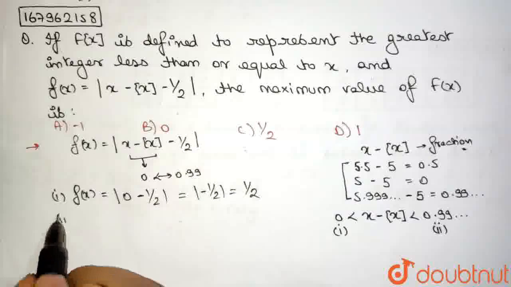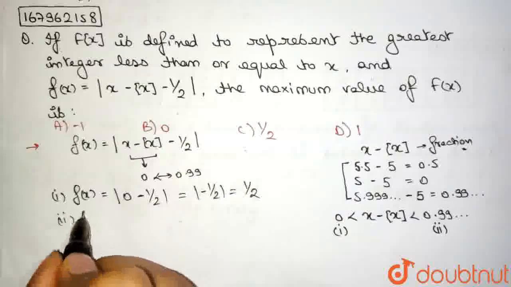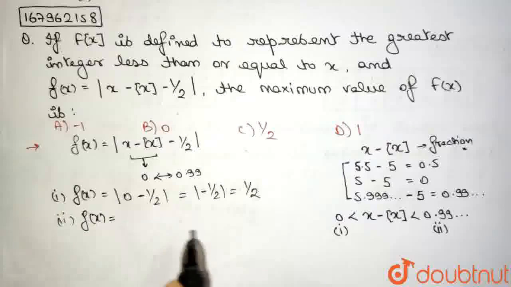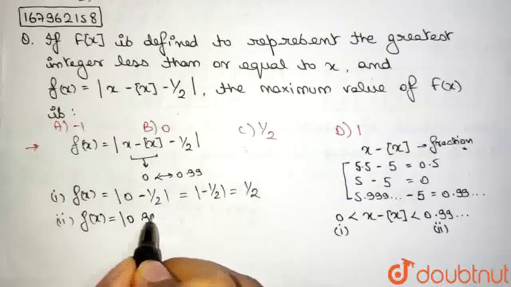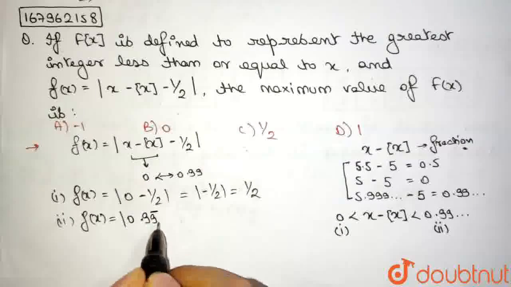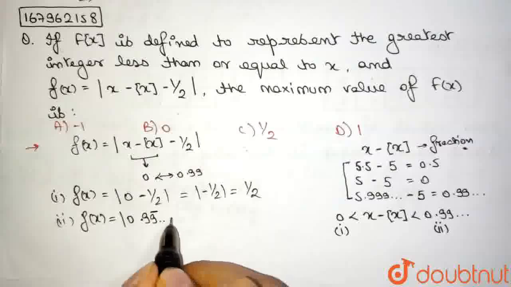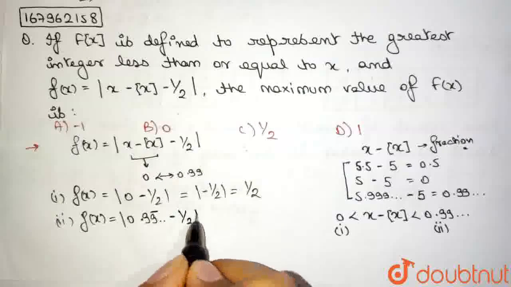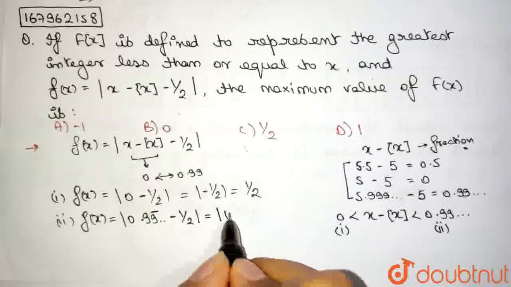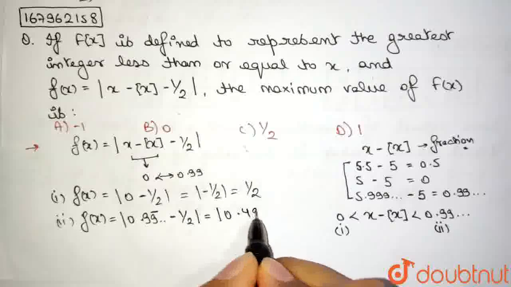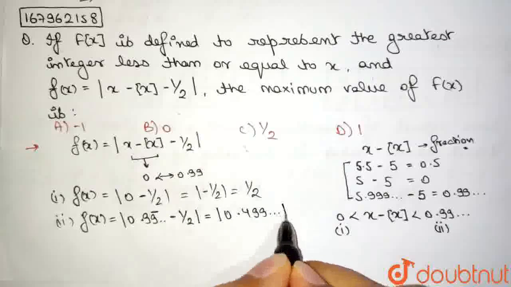And in case 2, we have f(x) equal to 0.9999 and so on, minus 1 by 2, which is nothing but 0.499 and so on.